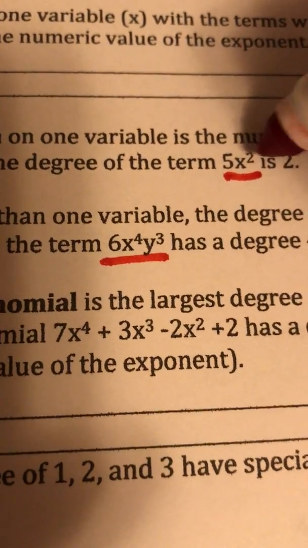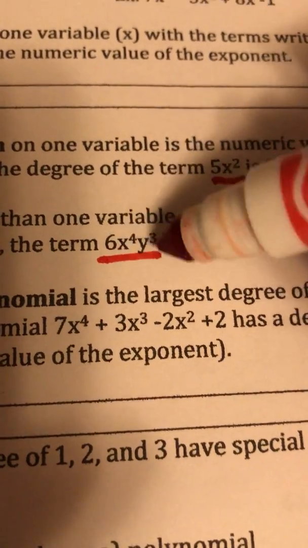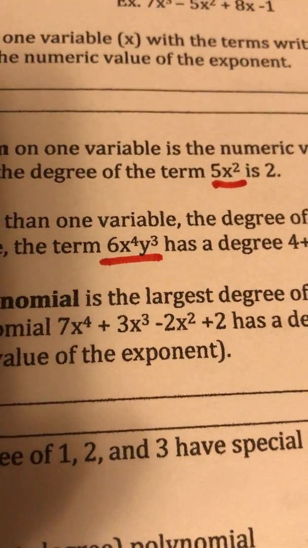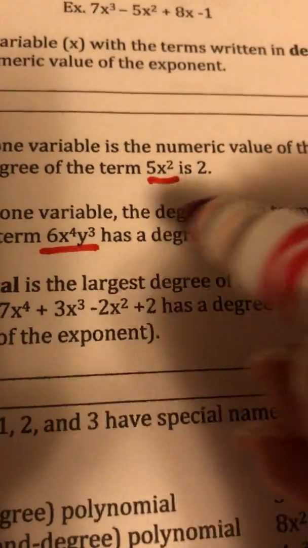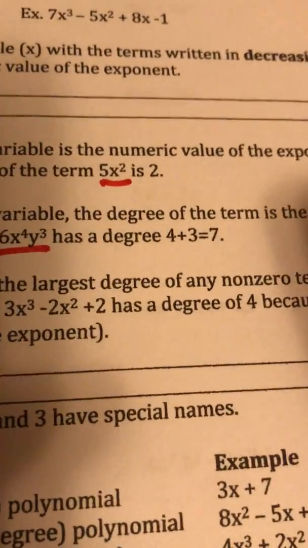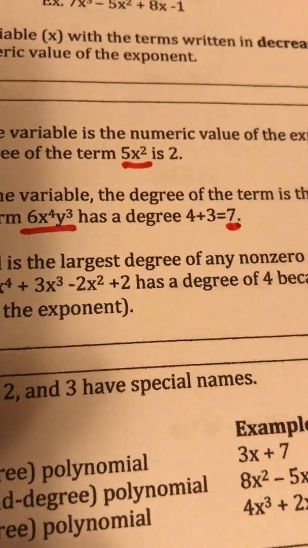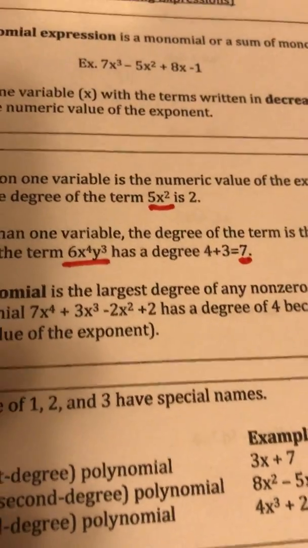If there is more than one variable, the degree is both of those exponents added together. So 6x to the fourth, y to the third has a degree of 7.